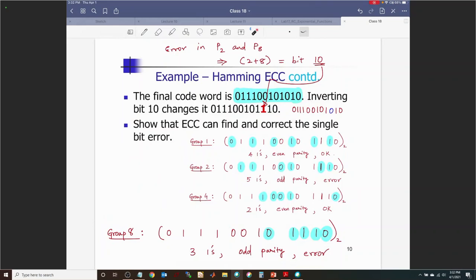If bit position 12 was in error, which groups would have resulted in odd parity? 4 and 8. That's right. You guys got it. As simple as that. Okay.